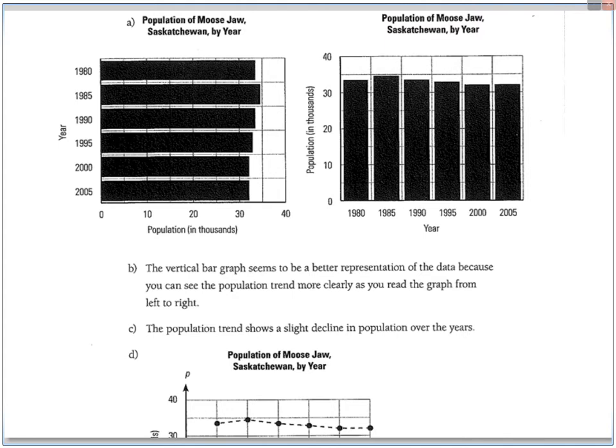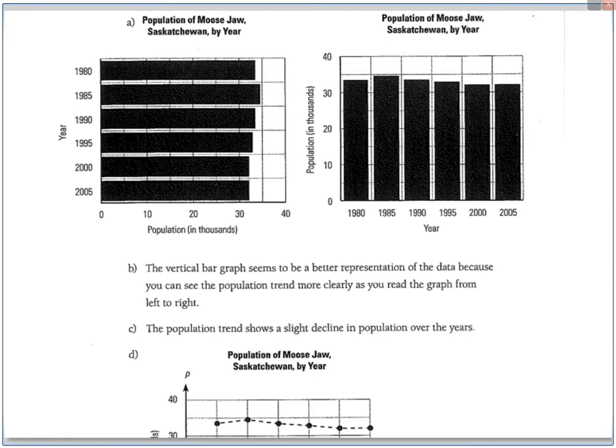horizontal, vertical. So they're basically the exact same graphs, just one's going left and right, one's going up and down. And it says that the vertical seems to be better because you can see the population trend more clearly as you read the graph from left to right. Now that's complete garbage. To me they're the same.